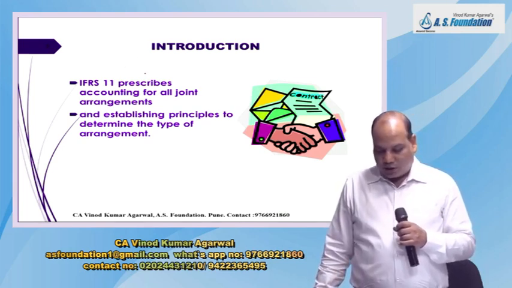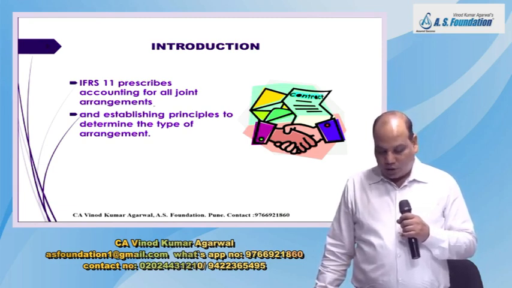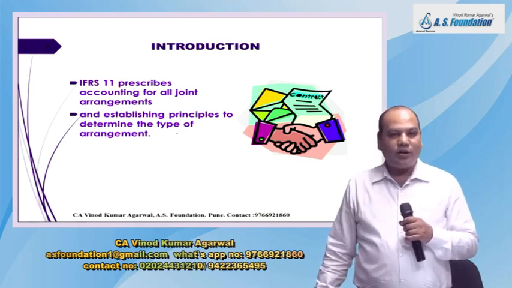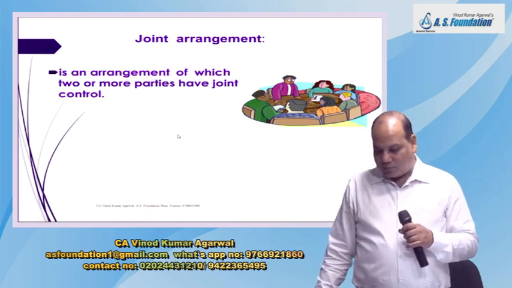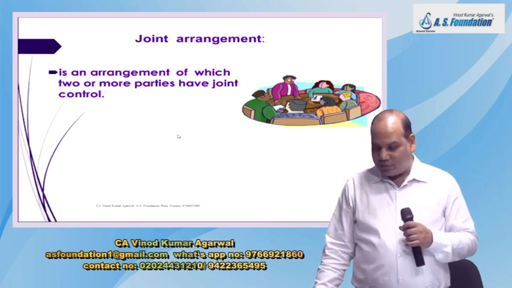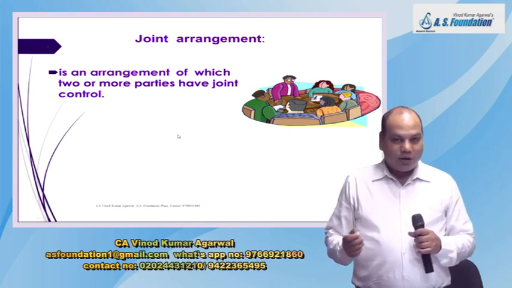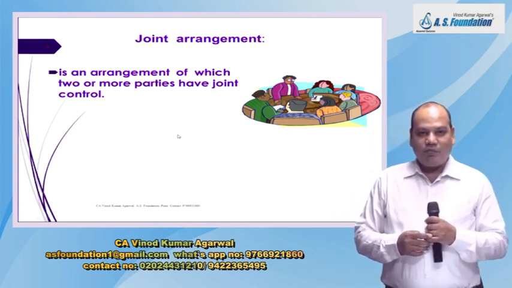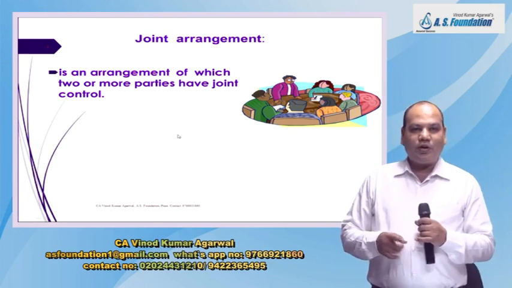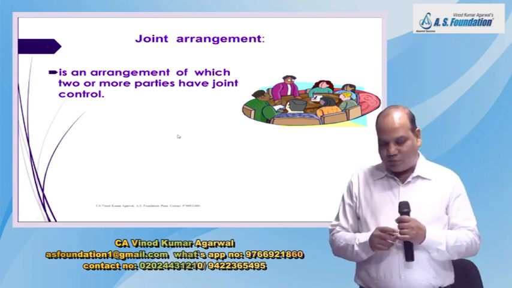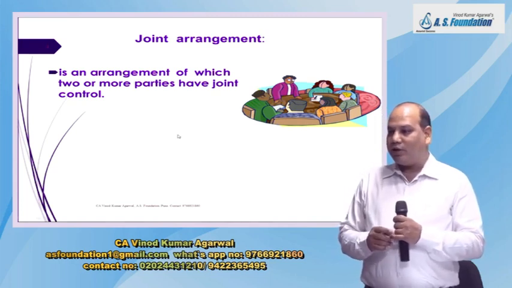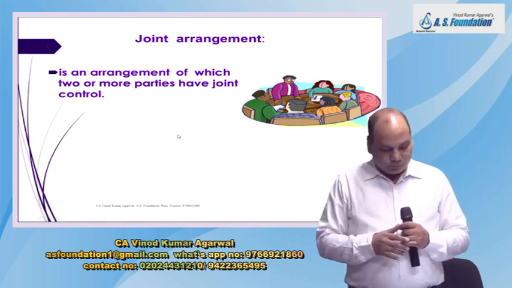So this standard IFRS 11 prescribes accounting for all joint arrangements and establishes principles to determine the type of arrangement. Business models are getting complicated day by day. So one has to read the fine print carefully and come to a conclusion whether there is joint control, a joint arrangement, what is the type of joint arrangement, and then decide the accounting principles.